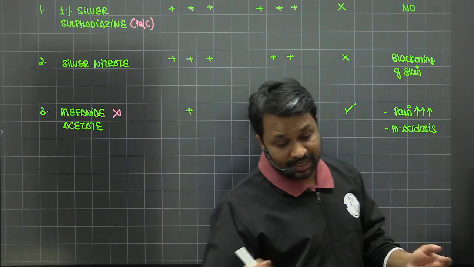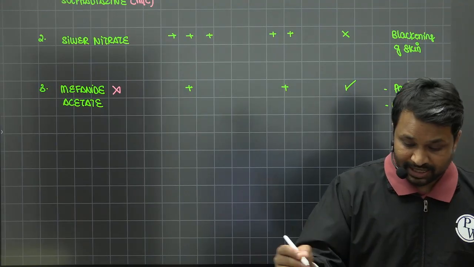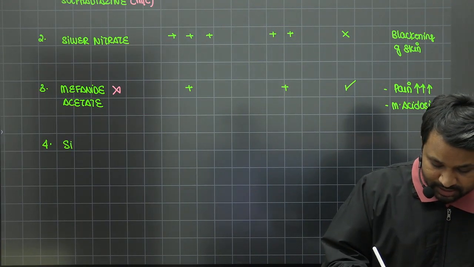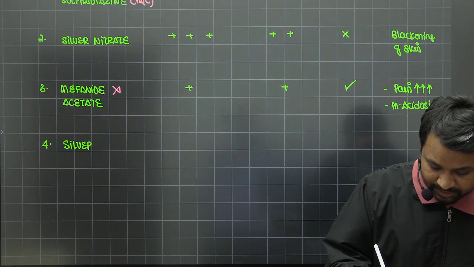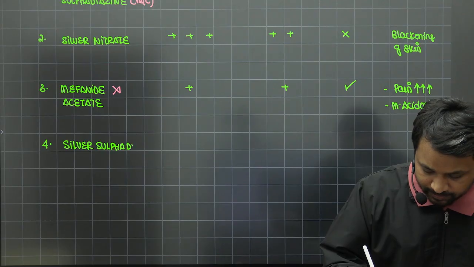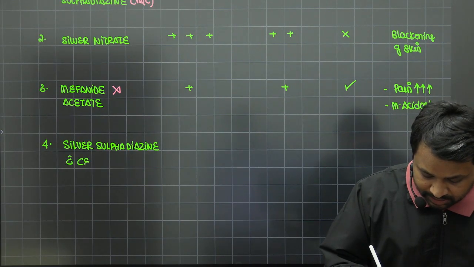So we had to come up with a newer agent which can have a combination of all that. Hence, we have the fourth one, that is silver sulfadiazine with cerium nitrate.